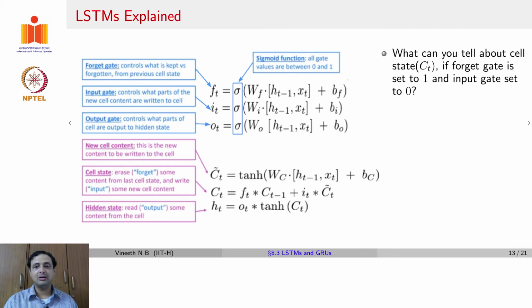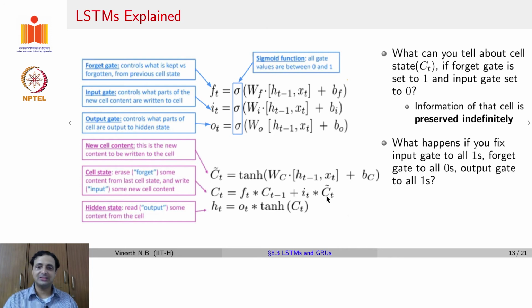What would happen? From this equation for ct, you can notice that the information coming in from the previous cell state will continue to be preserved because there would be no input added due to the input gates being 0, and the c tilde t would not have an effect on the cell state.